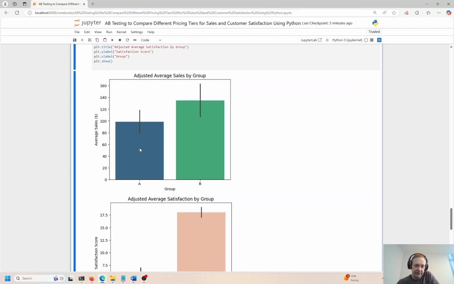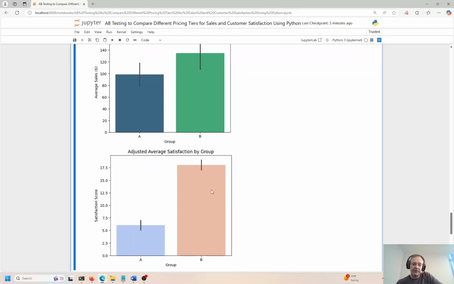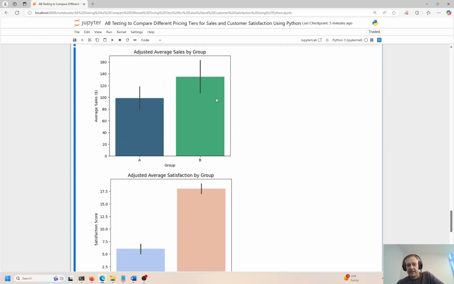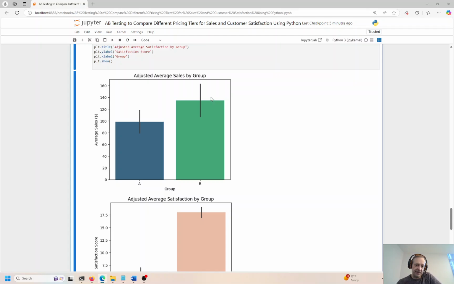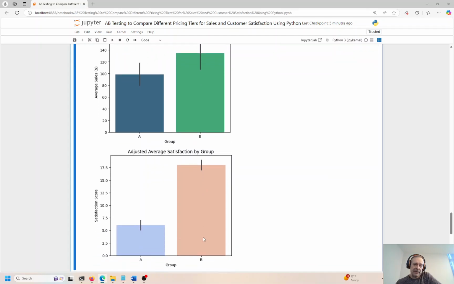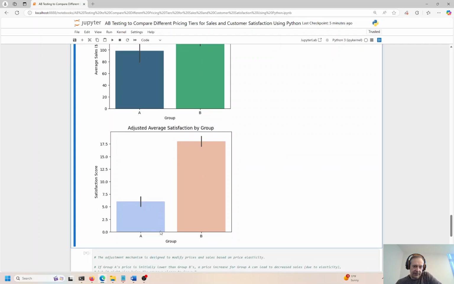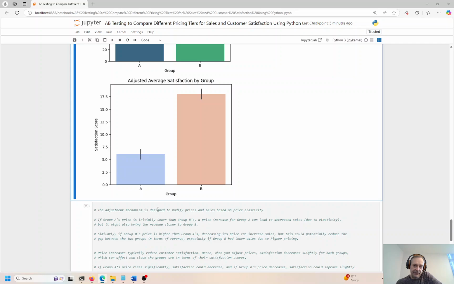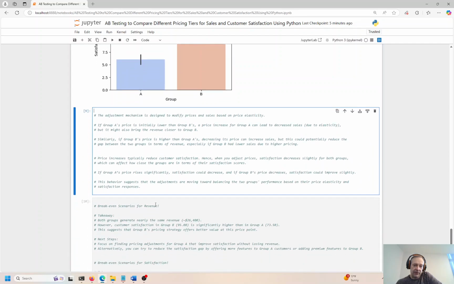B sales outpace A sales slightly, but B satisfaction is substantially more than A satisfaction out here, right? So it's very interesting. With just a little bit more money invested in this marketing campaign or this advertising campaign, whatever you want to call it, the satisfaction for Group A is almost 3 times what it is for Group B, right? So slightly more investment and definitely higher payoff in terms of satisfaction, right? So definitely you get more bang for the buck with campaign A.